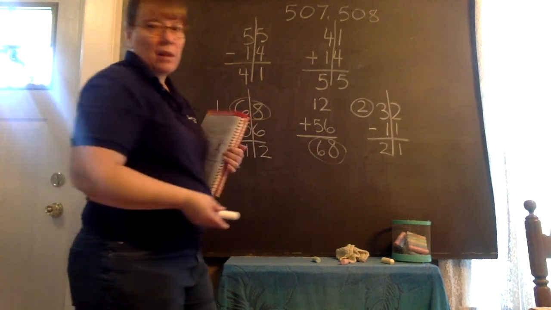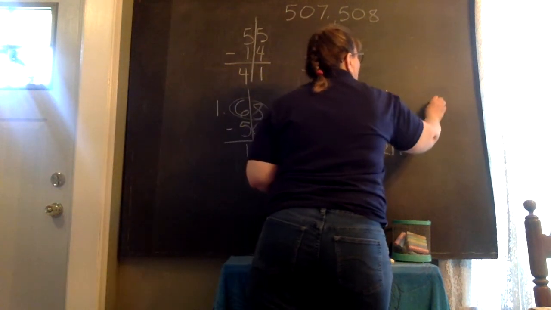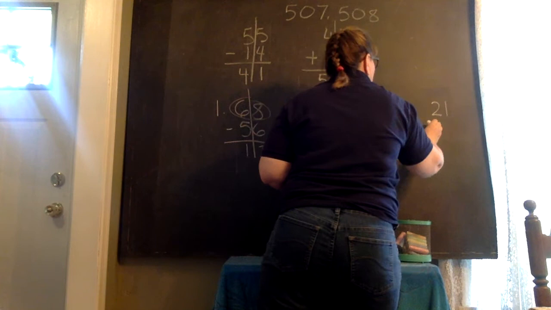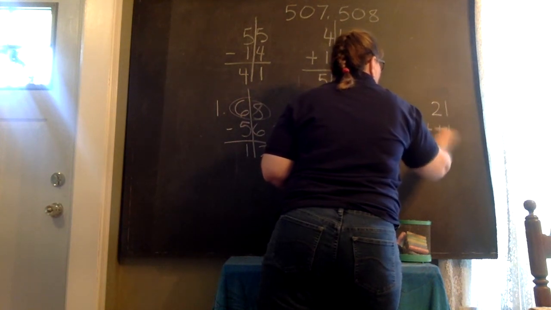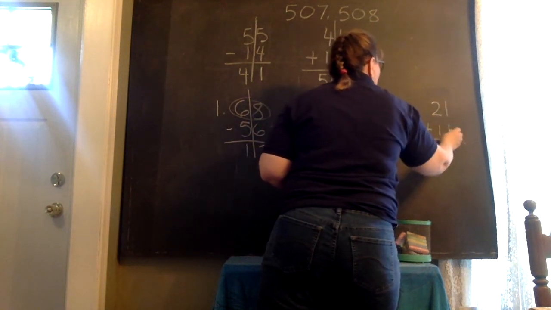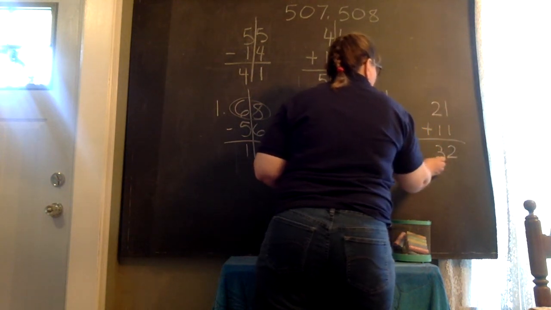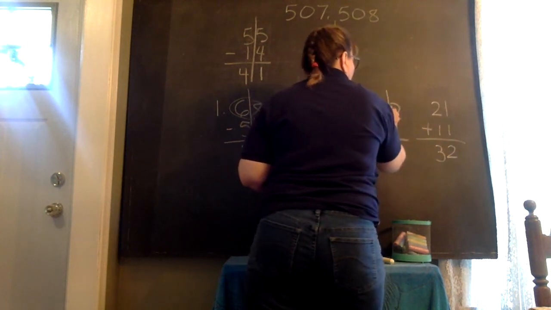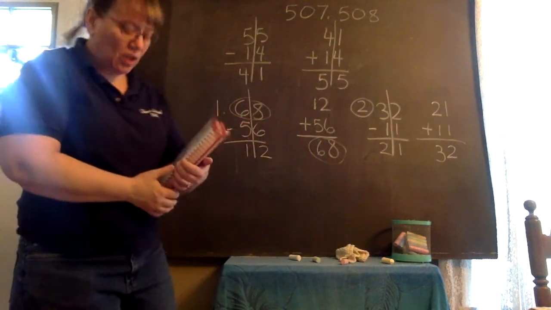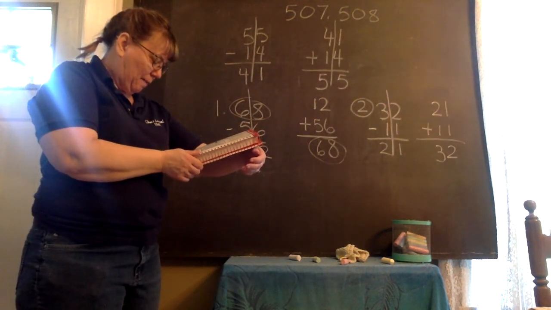Okay? I'm going to take that 21, bump it up to the top. 21 plus 11. 1 plus 1 is 2. 2 tenths plus 1 tenth is 3 tenths. And I have 32. It matches, so I know I did it correctly.